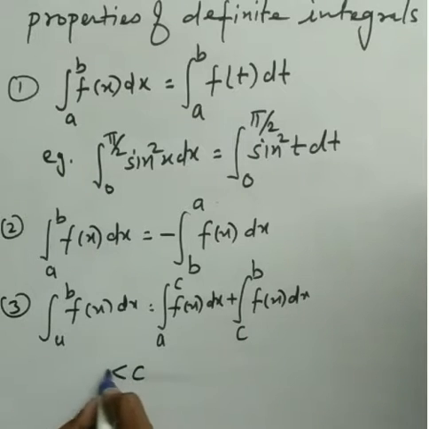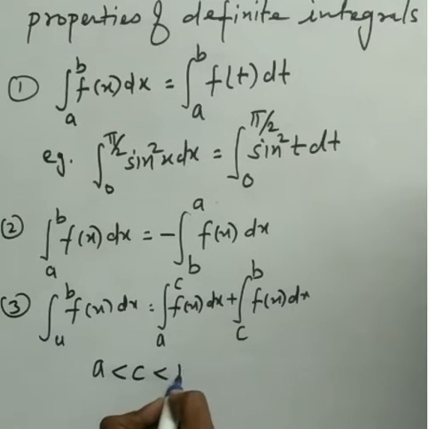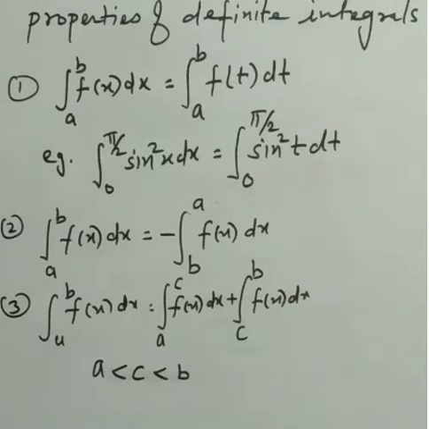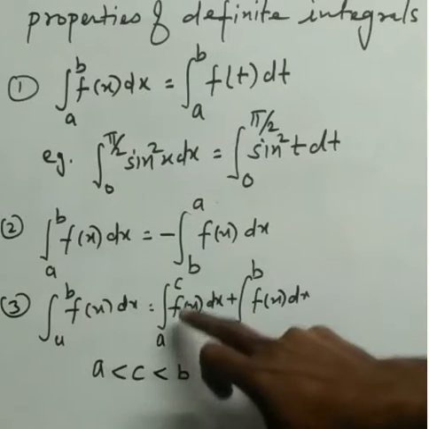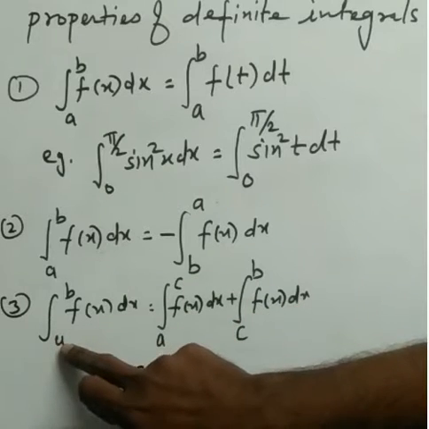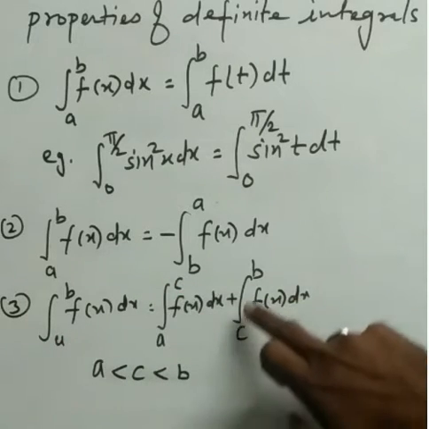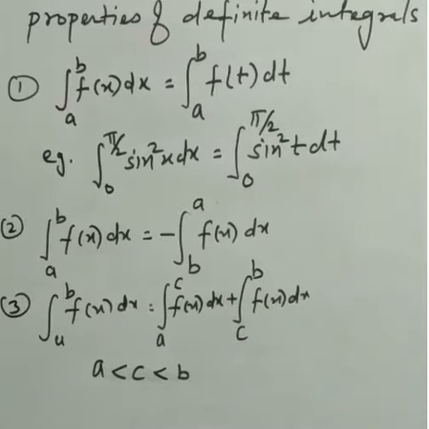C is greater than a and less than b. It is the property in which the limit of the integration is split into two parts, first from a to c and then c to b. This property is generally used for functions which have a modulus function. Integration of the modulus function is generally carried out by this property.